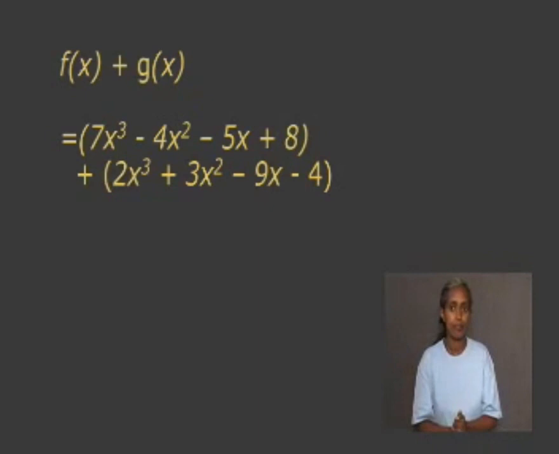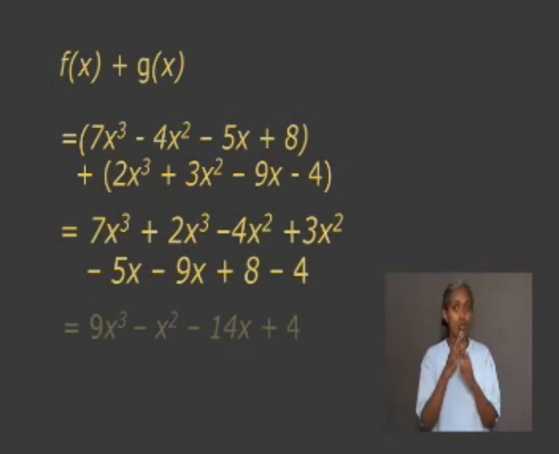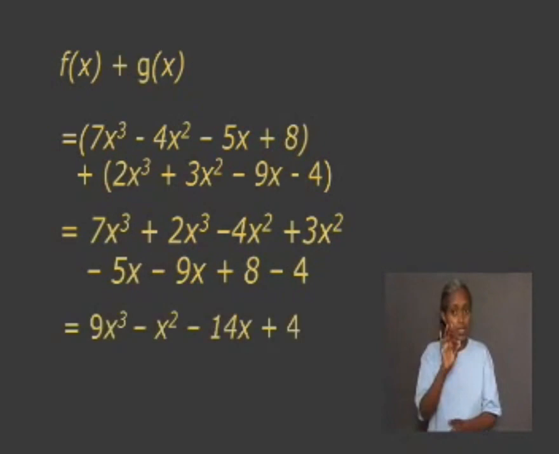By combining like terms, we are left with the solution: 9x cubed minus x squared minus 14x plus 4.